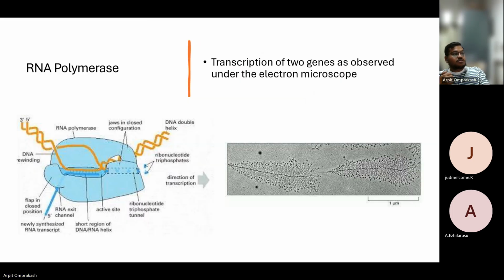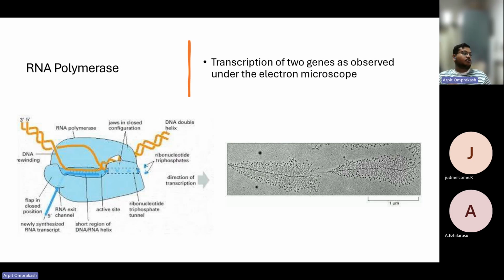This figure here shows the transcription of two genes as observed under the electron microscope. We can see that the transcription goes from here to here because these strands are larger and these strands are smaller. The transcription is carried out by an enzyme called RNA polymerase.